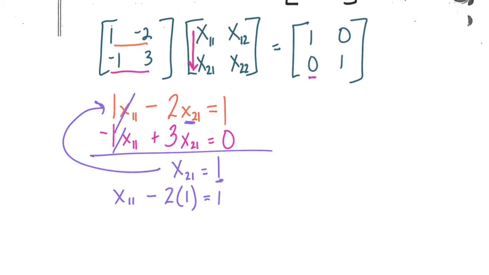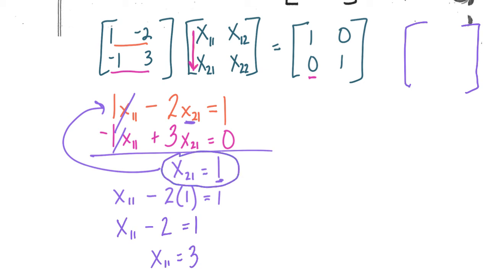So x sub 11 minus 2 equals 1, where x sub 11 is equal to 3. So I'm going to start to build my answer over here on the right. I know that x sub 2, 1, remember that's going to go down here because that's saying row 2, column 1. And x sub 1, 1, that's going to go up here.